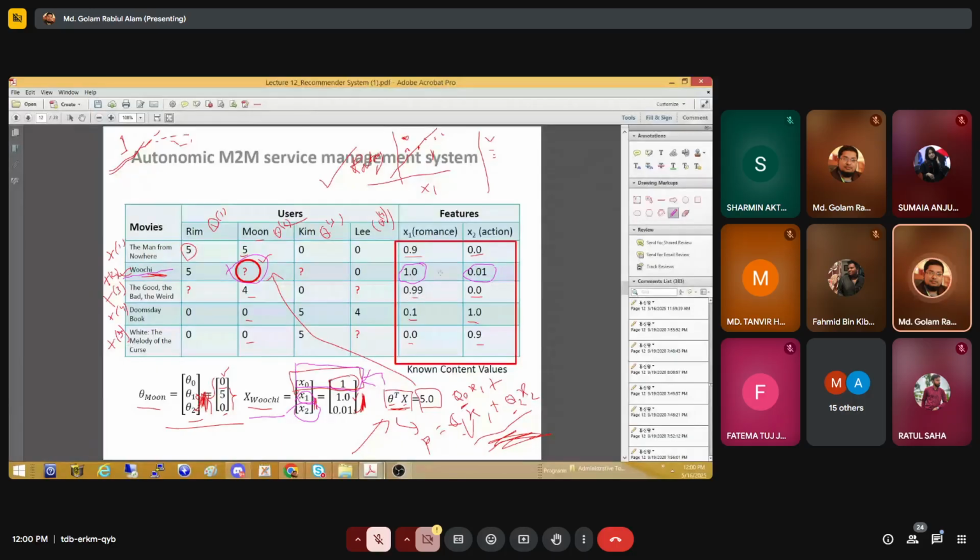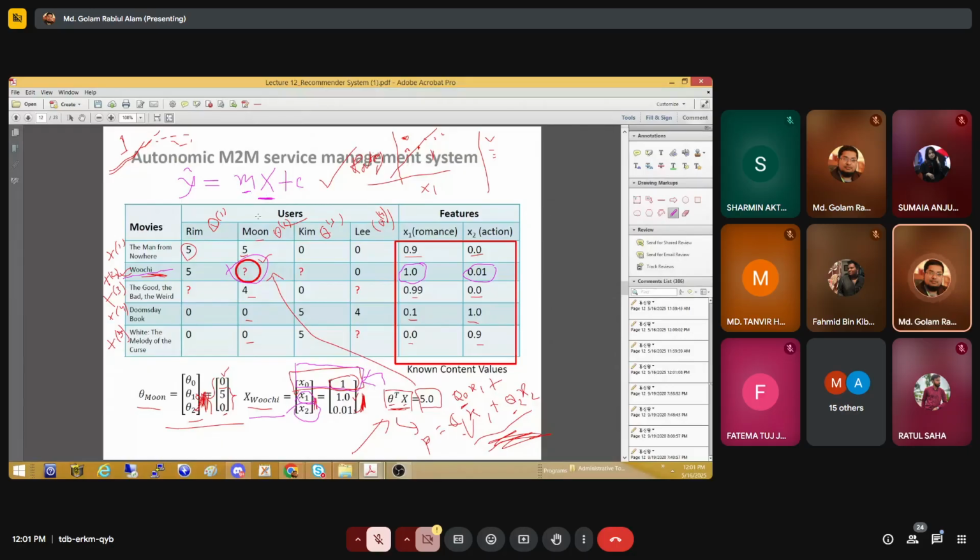Now, this problem is actually our regression problem. So regression means we can predict the value, the predicted score y, using multilinear regression, that is mx plus c. But we have two features, so x is not just one, it is actually two.